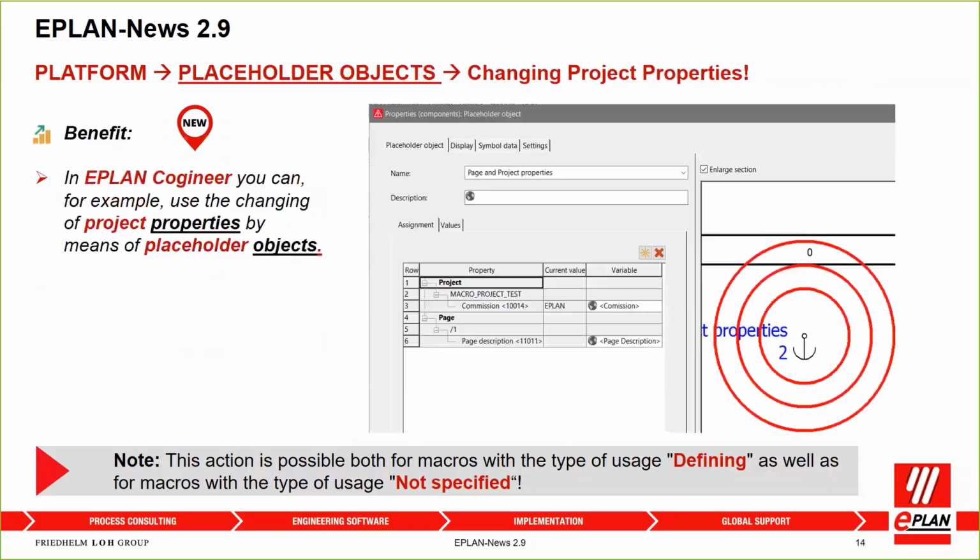Okay, changing project properties via placeholder objects. In CoEngineer, it already existed that you could change the page properties. Now in 2.9, you can also change the project properties of a placeholder object.